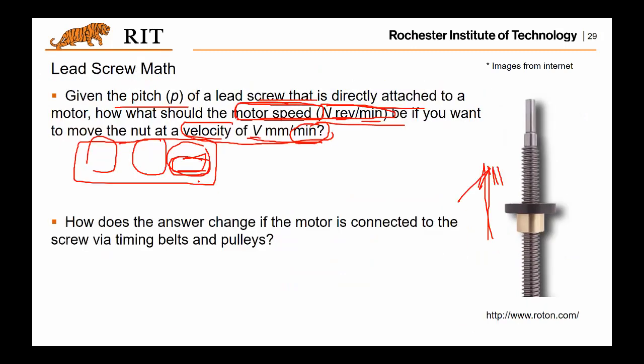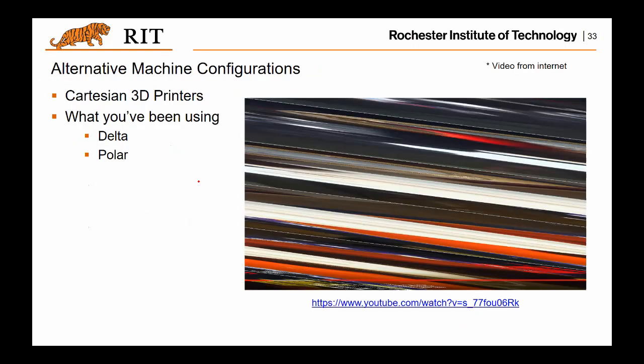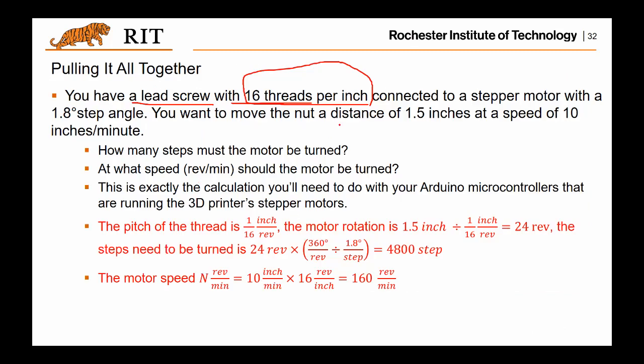And you know there are 16 threads per inch. Then you can easily compute the pitch. That is 1/16 inch per revolve. That means for each revolution of this screw, it travels 1/16 inch linearly, right?